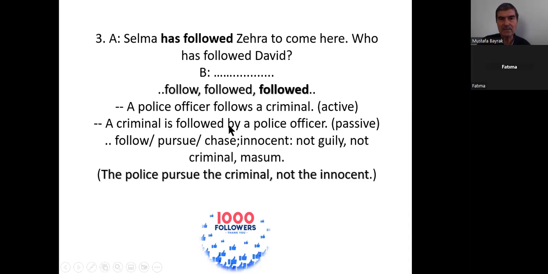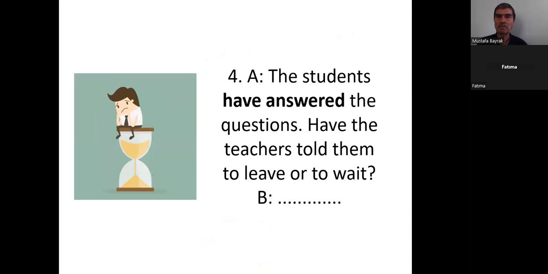A criminal, yeah, this is passive for person. Innocent means not guilty, not criminal. Follower is a person. For example, Selma is a follower here in this dialogue. Dialogue 4. The students have answered the questions.